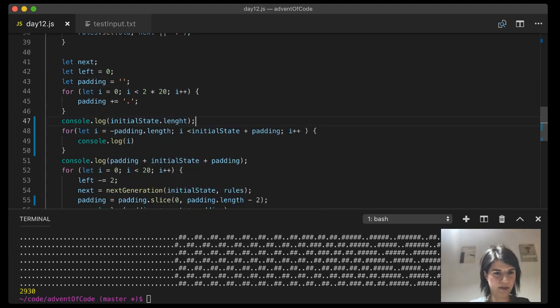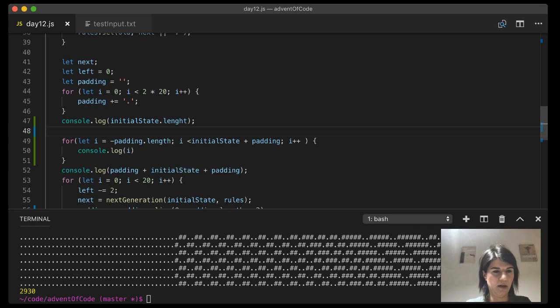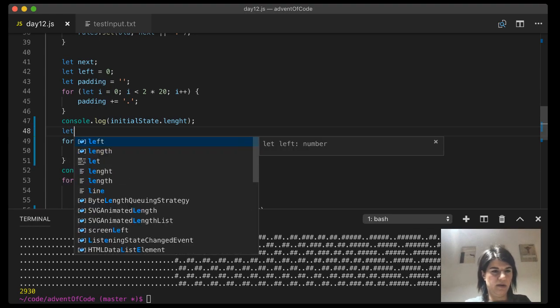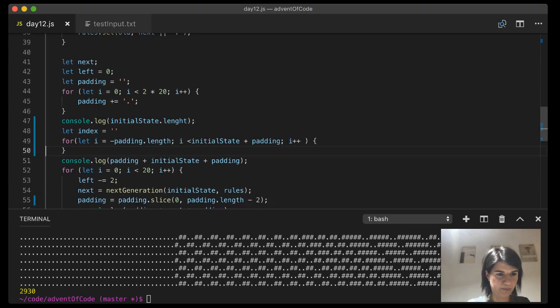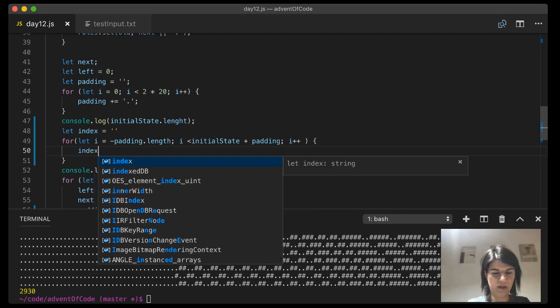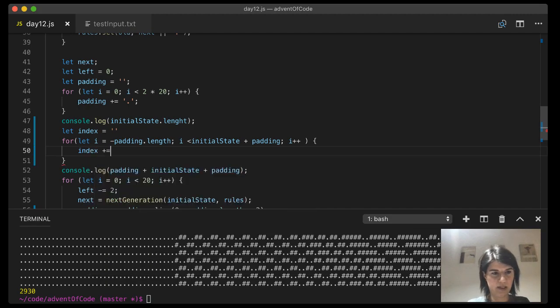Oh, no, that's not gonna work. Let index equal the empty string, and I want to do index plus equals i modulo 10, otherwise everything will be shifted.